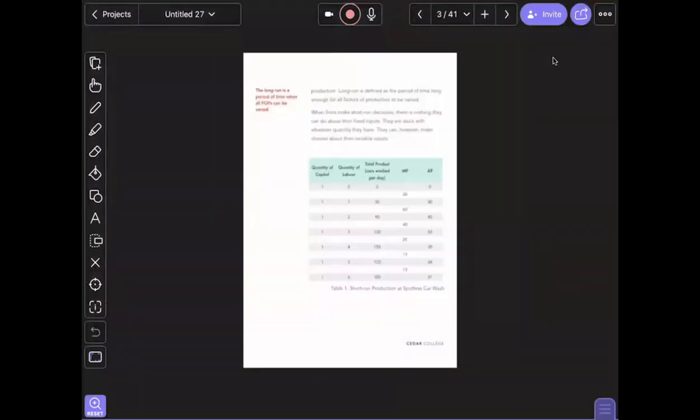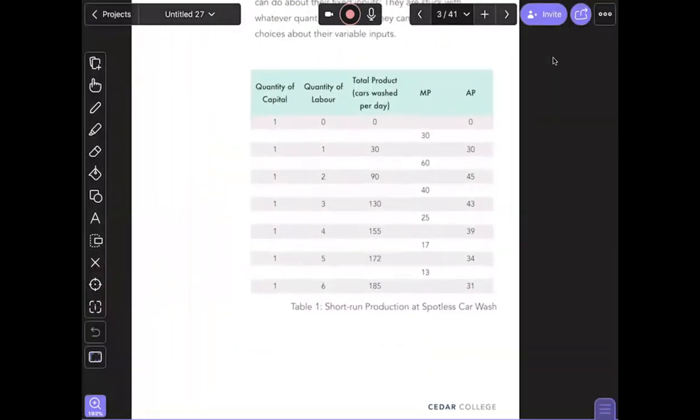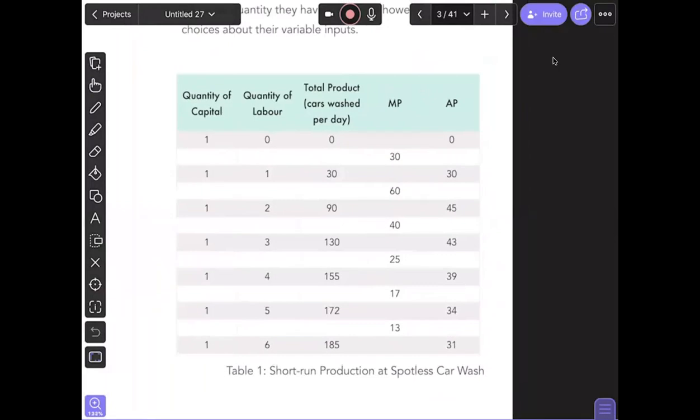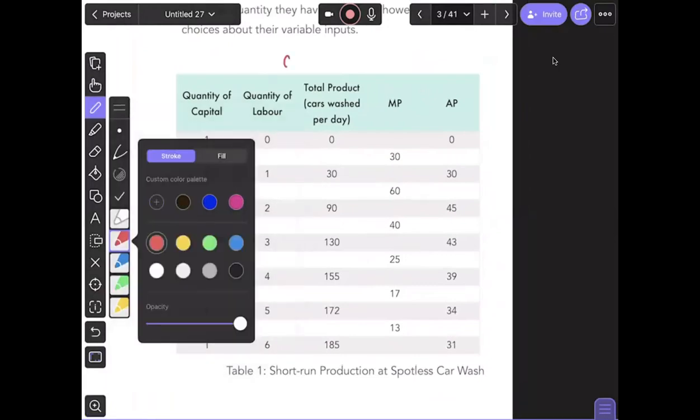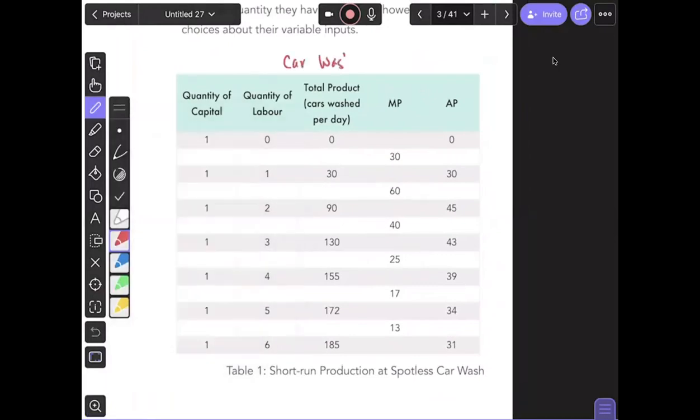And then we were looking at what we call a short-run production function. I gave an example of a car wash company, and we made this table. We said that capital is fixed because we are in the short run. Labor is the variable factor, and I keep on adding labor on the fixed factor.